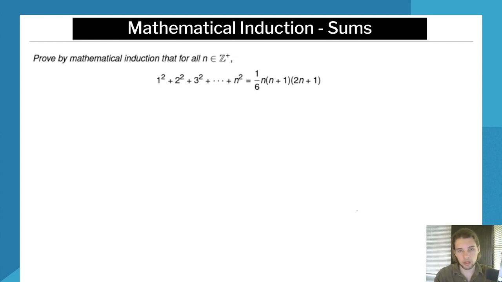2n plus 1. Now, this is very useful in mathematics because, okay, let's say we wanted to find the sum of 1 squared plus 2 squared plus 3 squared all the way to 10 million squared, as an example.